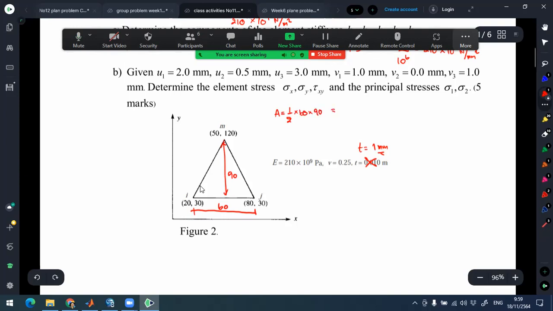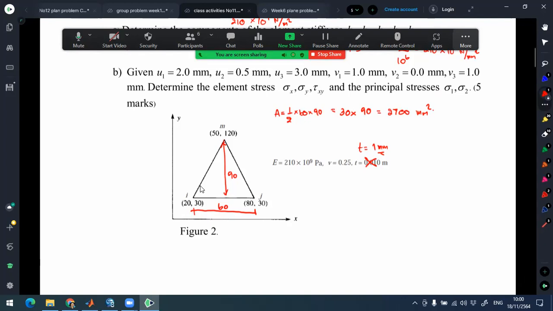For this case, the shape is easy, so it's not necessary to use coordinates to determine the area, but for coding we may have to apply that way, because for coding or a routine we normally have the coordinates. So the area is 30 times 90, which is equal to 2,700 square millimeter.